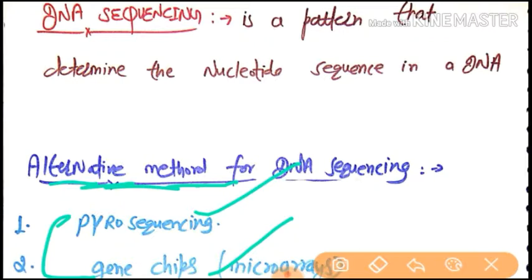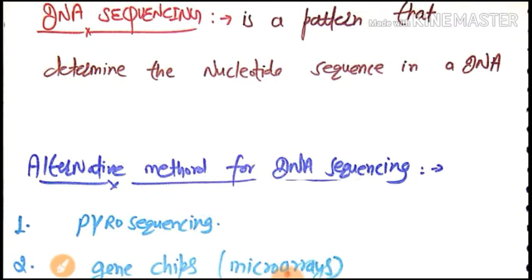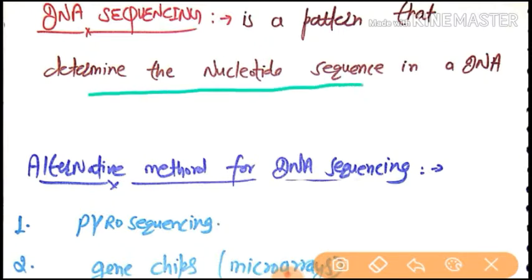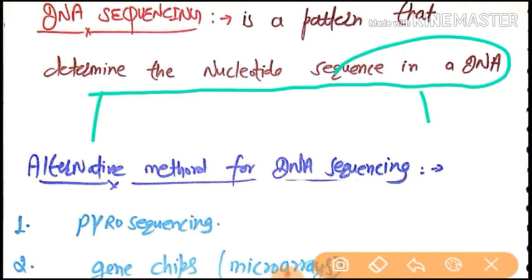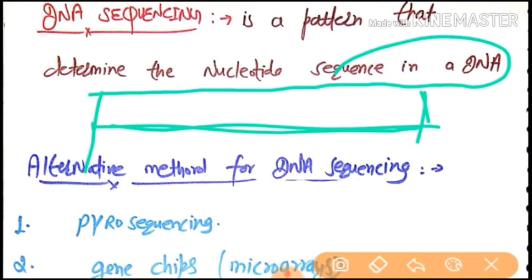So first of all you need to know what the definition of DNA sequencing is. So let's see. It is a process that determines the nucleotide sequence in a DNA. So what is DNA? DNA is a polynucleotide molecule made up of many single nucleotide molecules. So assume it is a DNA, many nucleotides will be placed on it.